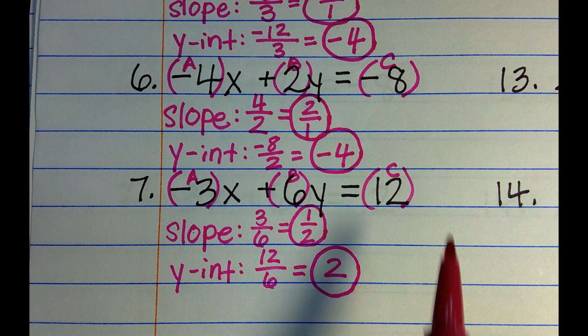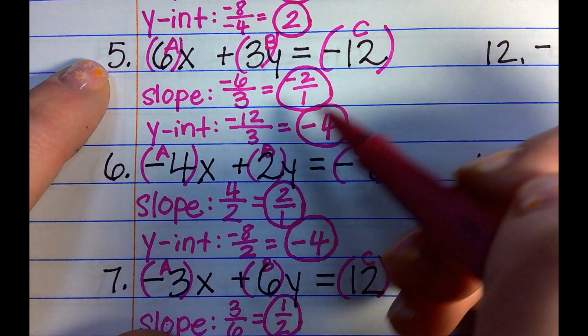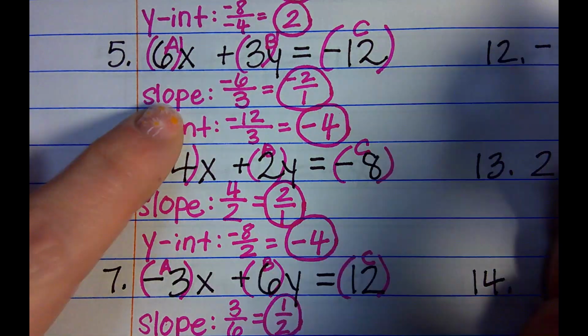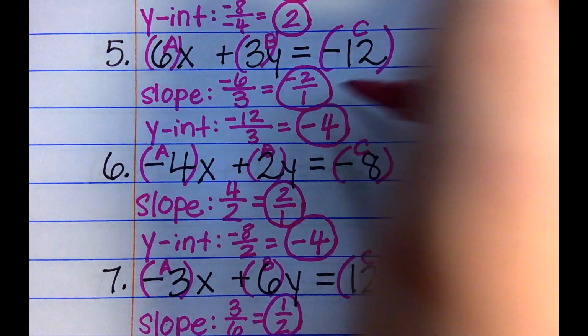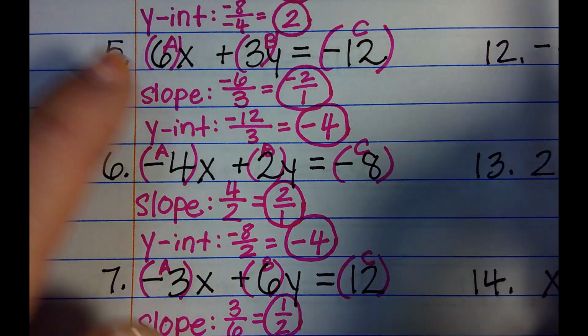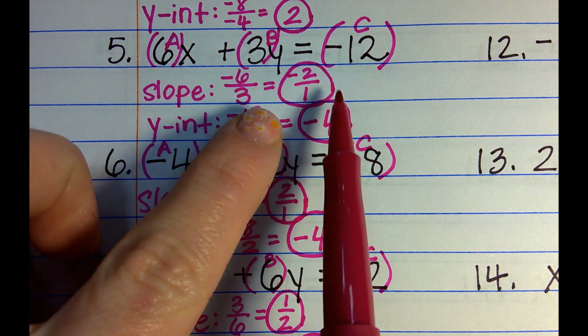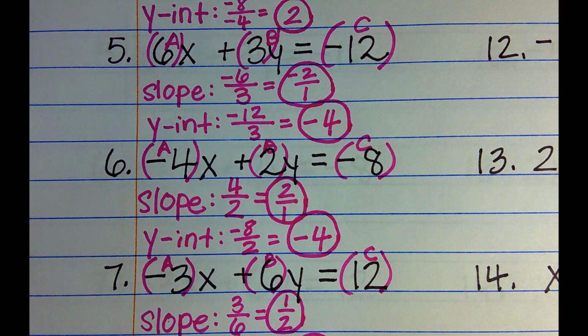Right. So if you do get a whole number for your slope, like in number 5, we got -2 over 1. If you wrote -2 without the over 1, that's fine. I would count that right. That is perfectly correct. The only reason that I always encourage remembering that it's over 1 is for whenever we're using rise over run and we're graphing the line.